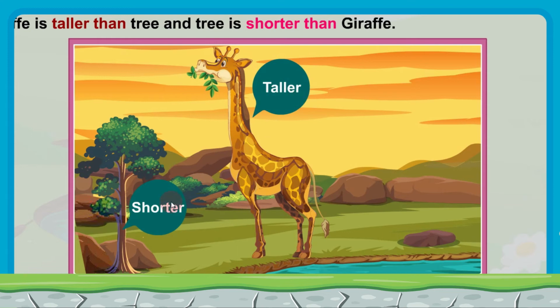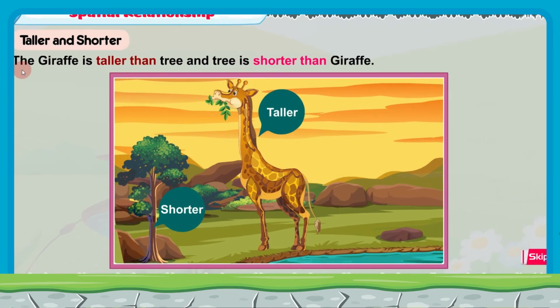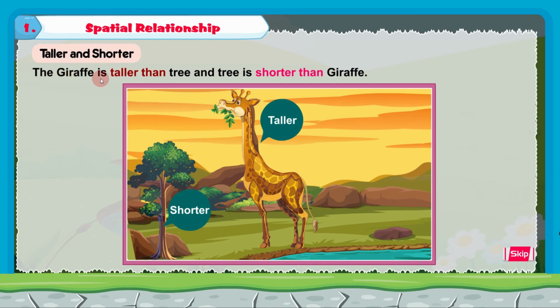Taller, shorter. Let's read the sentence here. The giraffe is taller than the tree and the tree is shorter than the giraffe. Here in this picture the giraffe is taller than the tree and the tree is shorter than the giraffe.